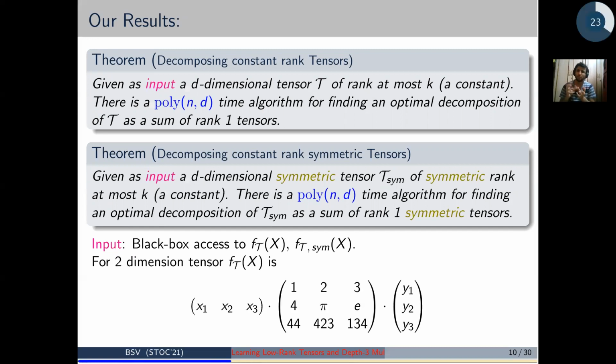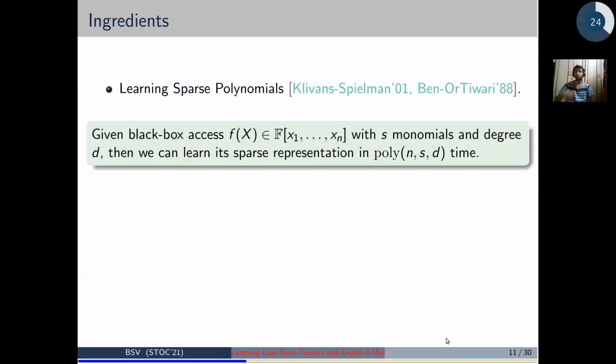We could think of these evaluations of f tau as some sort of measurements of the tensor. This notion actually coincides when you are working with matrices, because there f tau is just left-right multiplication by vectors. So now we'll try to prove these results.